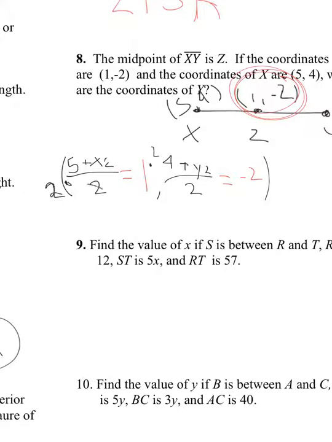because that's going to cancel this out to 1, and then you just have 5 plus x2, 1 times 2 is 2. On this side, same thing, times 2, times 2.